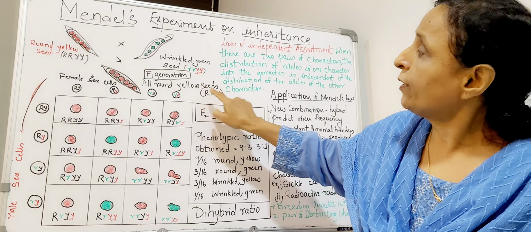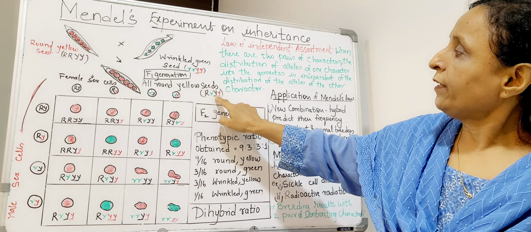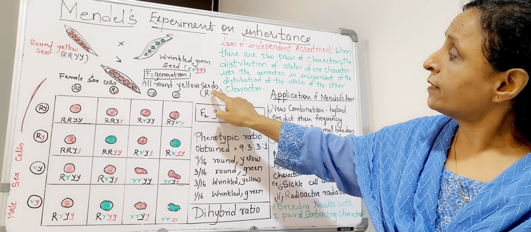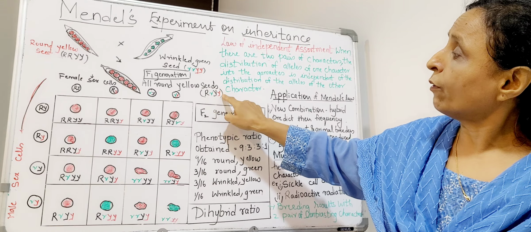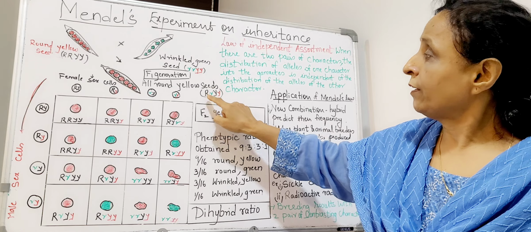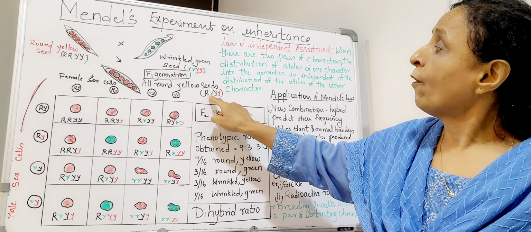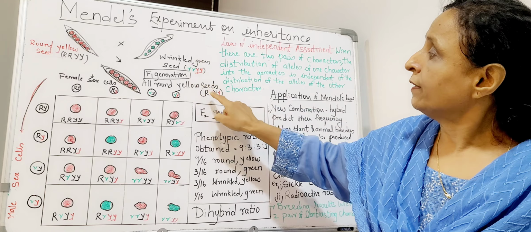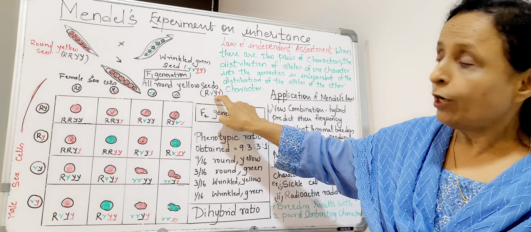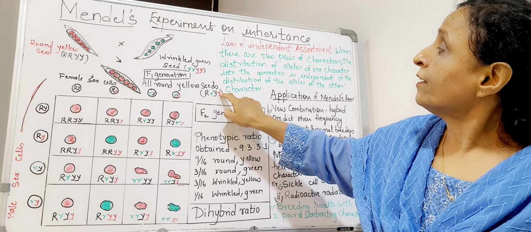The genotype has round and yellow present, but the recessive alleles are also present. For round, the recessive is wrinkled. For yellow, the recessive is green.